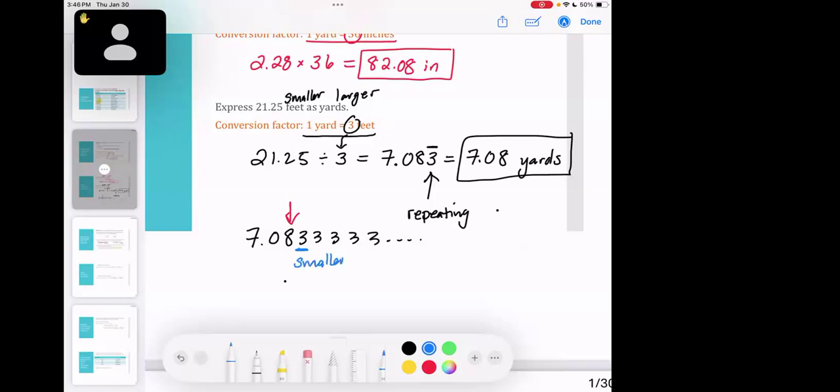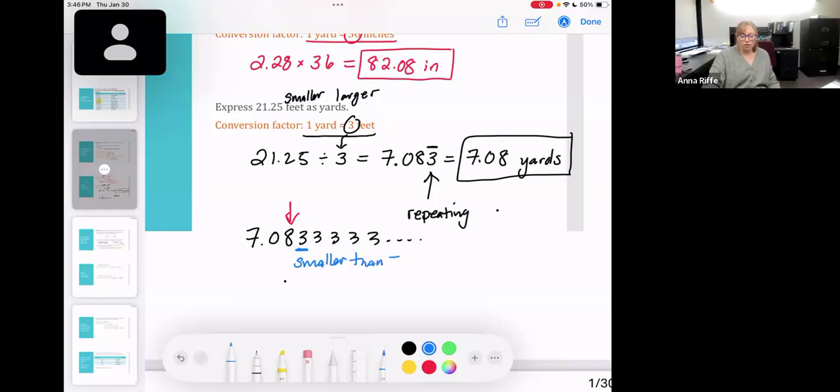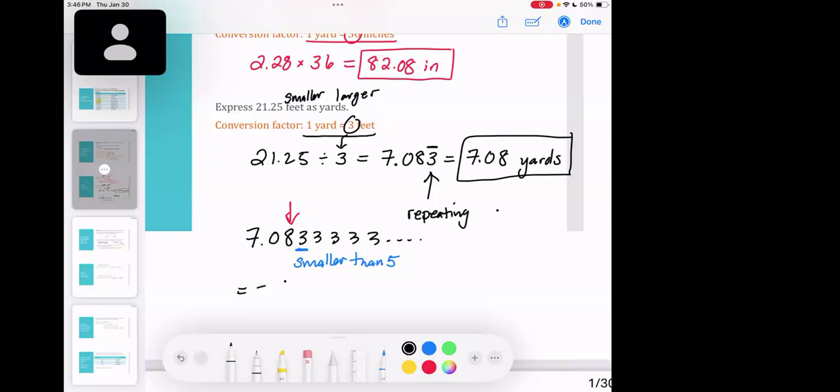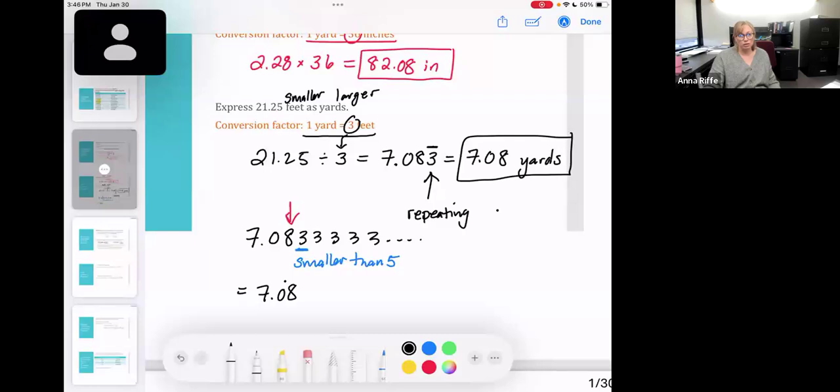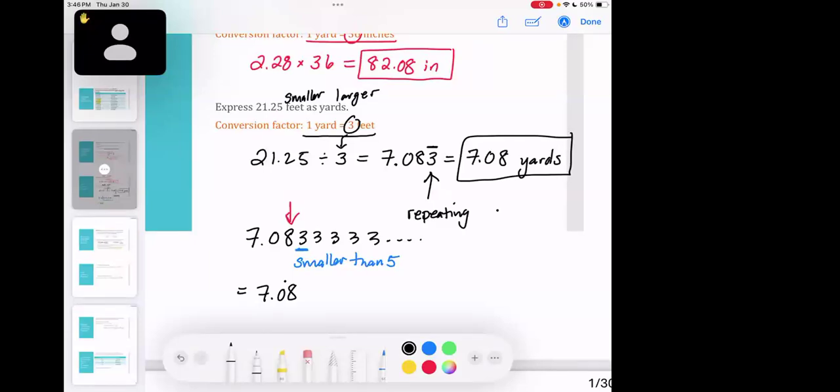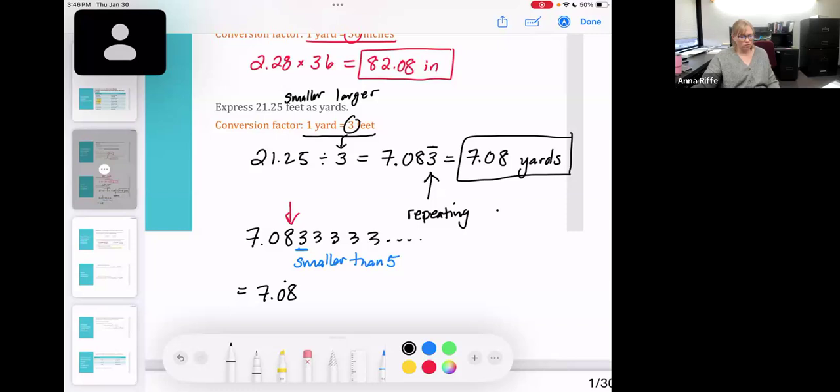Therefore, I'm not going to round up. This will be 7.08. I'm not going to add 1 to the 8. I'm just going to leave it like that. If it were 5 or bigger, I would round up. Does that make sense? Yes. Okay, awesome. Other questions?